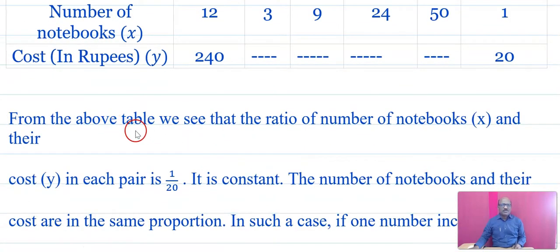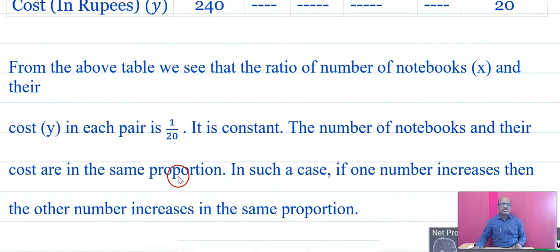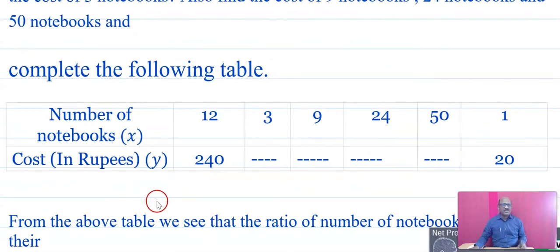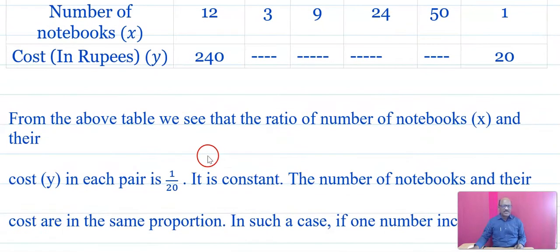From the above table, we see that the ratio of the number of notebooks X and their cost Y in each pair is 1 upon 20. Here you can see this is 1 upon 20, that is 12 upon 240 is equal to 1 upon 20.